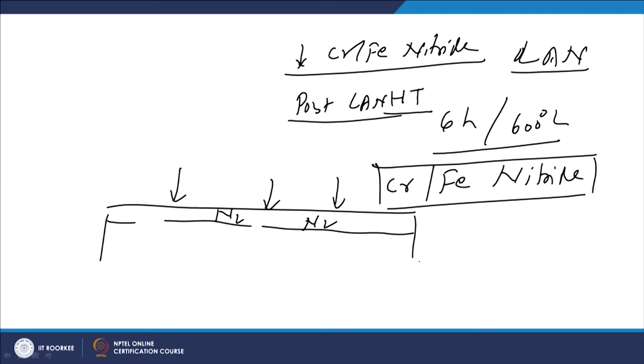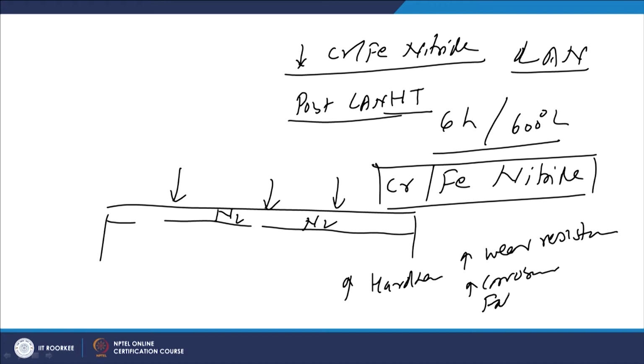And once these nitrides are formed at the surface, it will increase the surface hardness, increase the wear resistance, and it also helps in increasing the corrosion resistance and fatigue resistance in terms of the mechanical properties. So, a number of benefits are exploited.